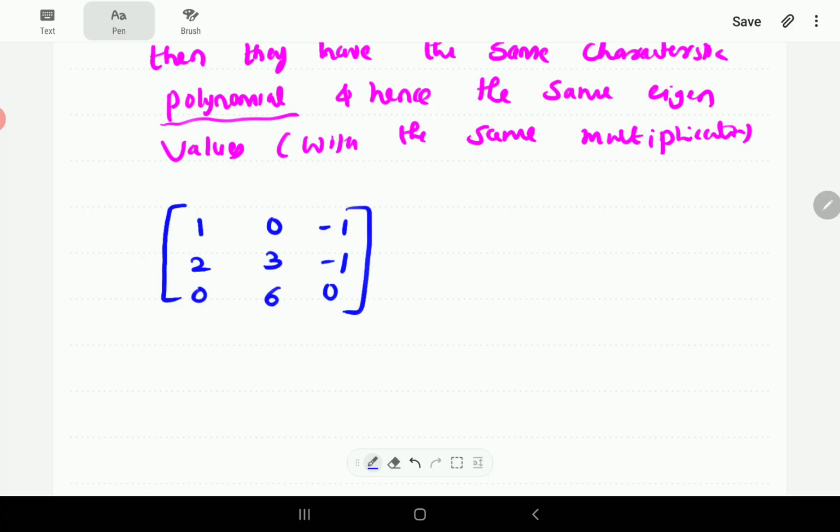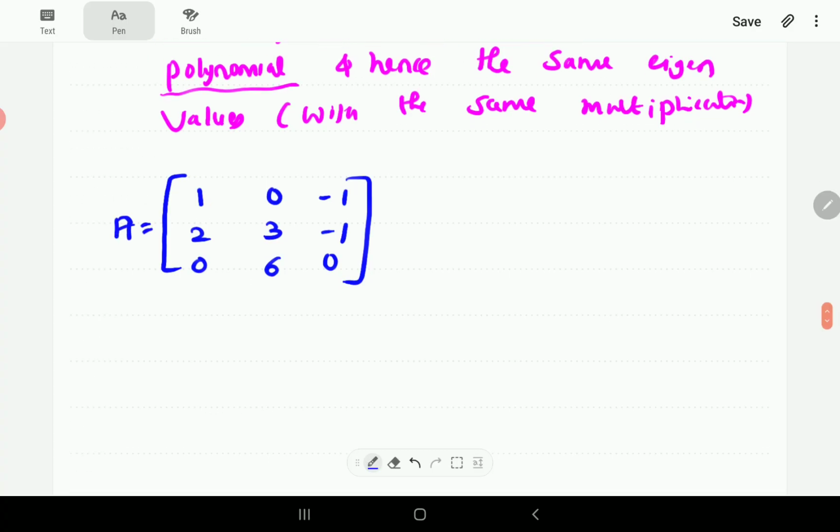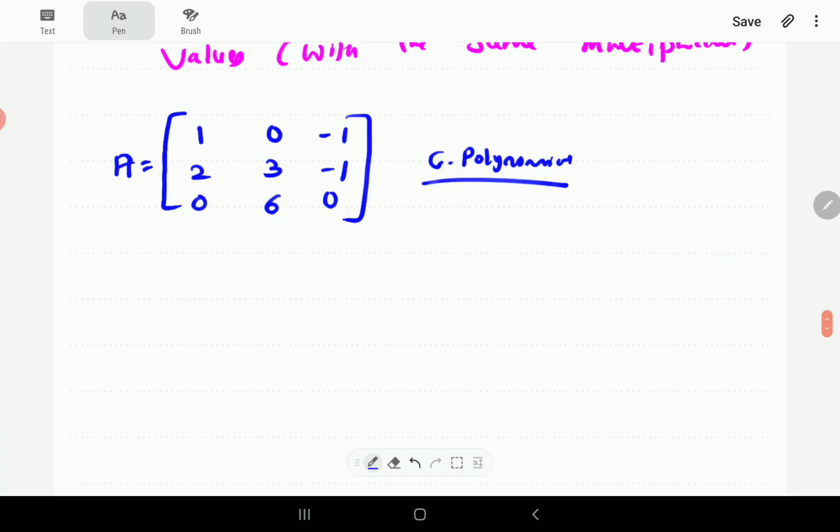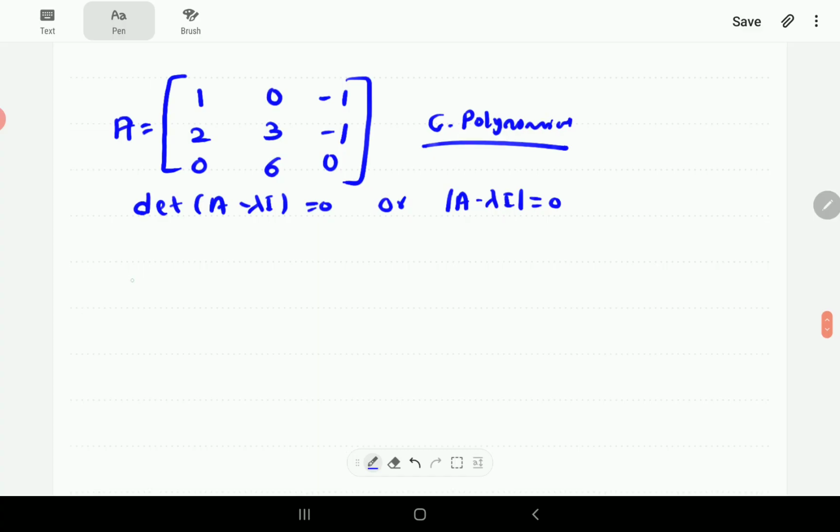This is our matrix A, and we have to find the characteristic polynomial. This is also called the characteristic polynomial or characteristic equation, one and the same. What is our characteristic equation? It is determinant of A minus lambda I equal to 0, or you can simply write it as the determinant of A minus lambda I equal to 0. Now let us do this one.